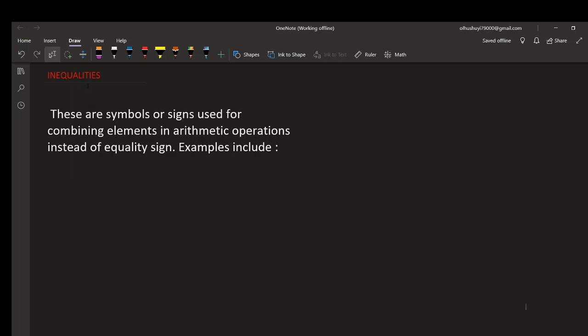So what that implies is this. Instead of having the normal equality sign, you have your x equals 2. We are all familiar with this. Instead of that, you are having something like this: x is greater than 2.